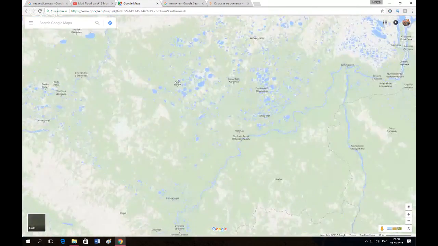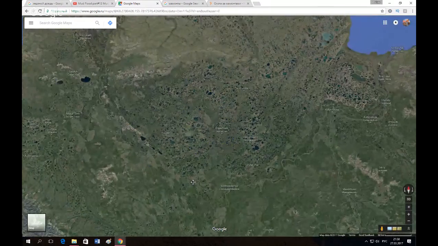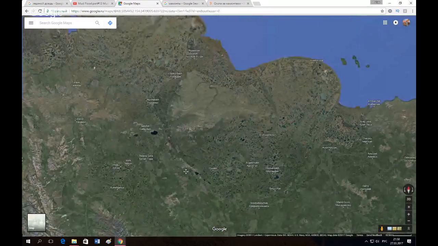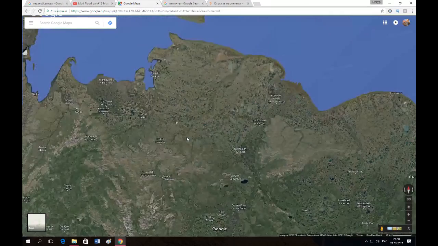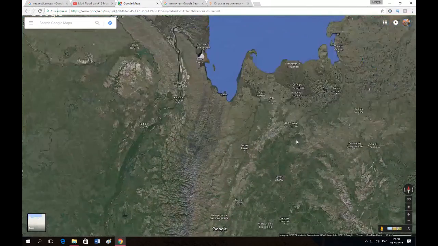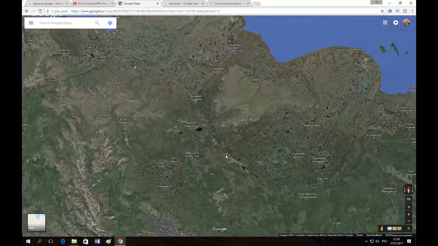Here, here, here, everywhere. So, of course, if there was a tsunami and it was in this range, it could have been making those lakes, filling those craters.